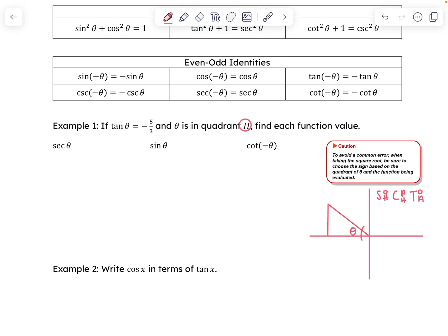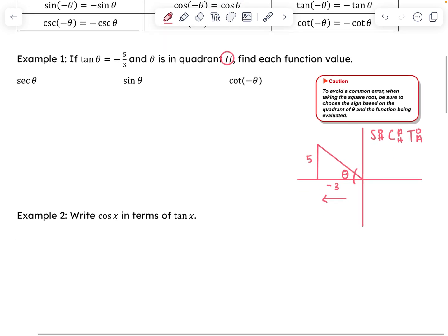If I'm looking at tangent, tangent is opposite over adjacent. So my opposite here is going to be my 5. My adjacent here is going to be my 3. And to figure out which one needs to be negative, we're going in the negative x direction. So this one is the one that has to be negative. We're going to have a negative 3 right there because our x's are negative. Our y's are positive, so the 5 is going to stay positive.